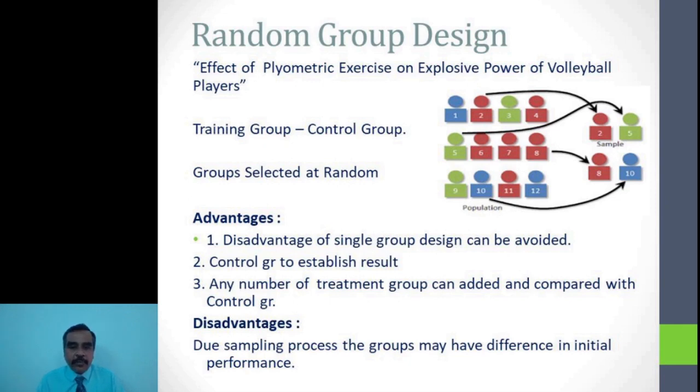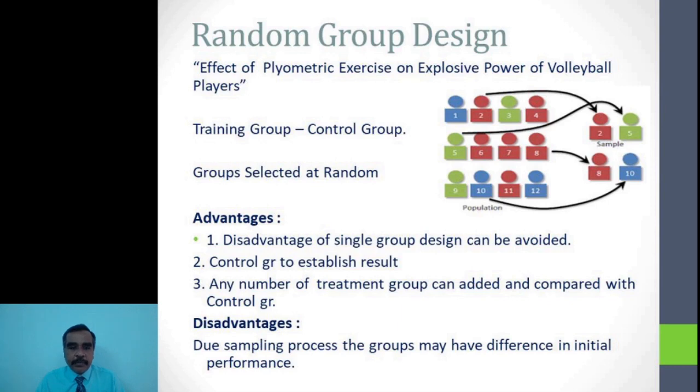So in the random group design, one group is called as control group, the other group is called as training group. The training group will undergo 12 weeks of plyometric exercise, whereas the control group will not do any exercise program.